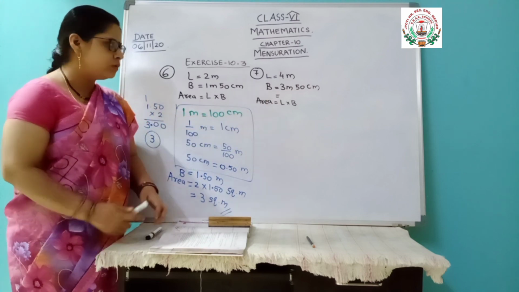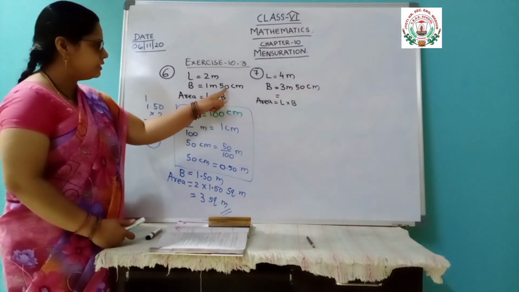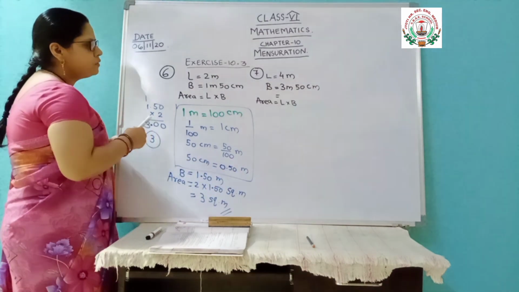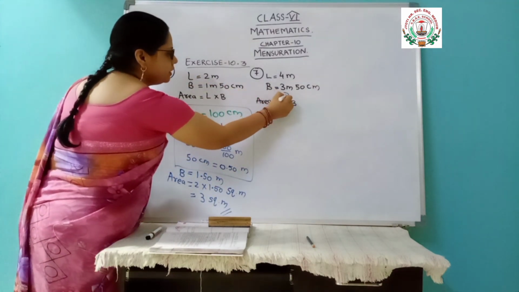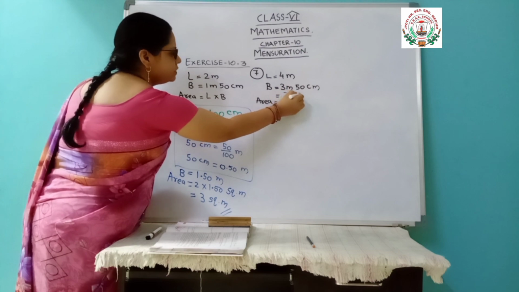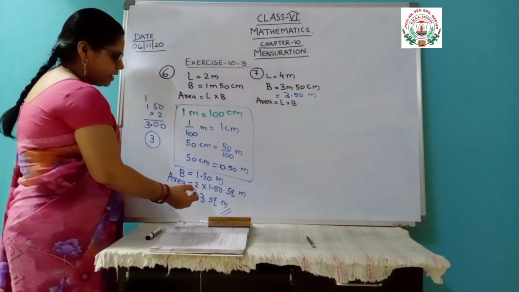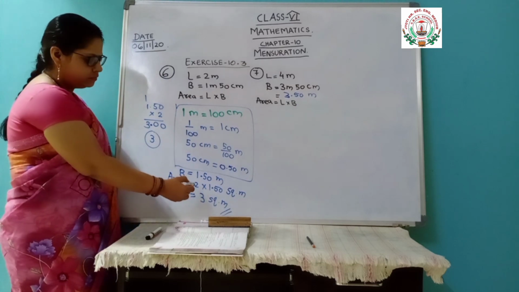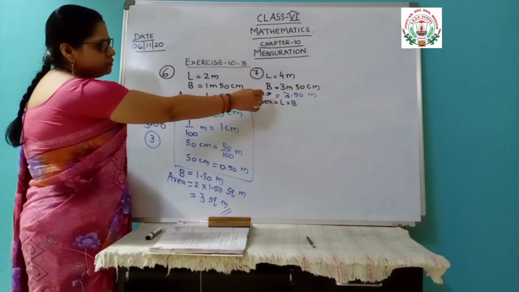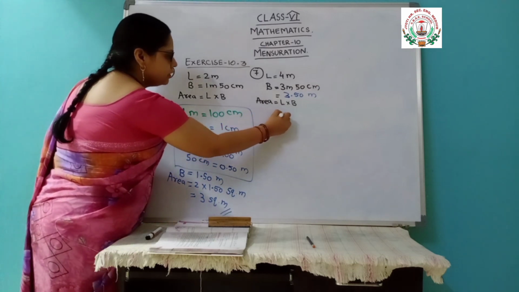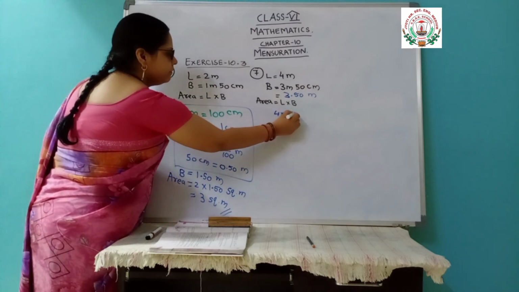Area formula you know, and just like this 50 centimeter you have to write down 0.50 meter. So this will be 3.50 meter, total meter. So just as you have done into 2 here, there you will do 3.50 into 4. That is 4 into 3.50.